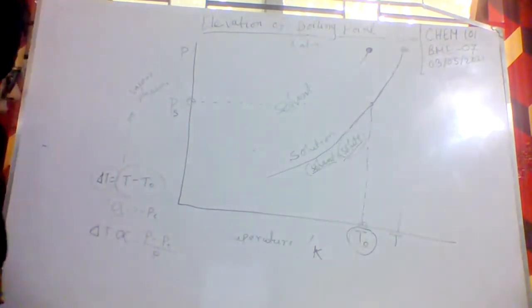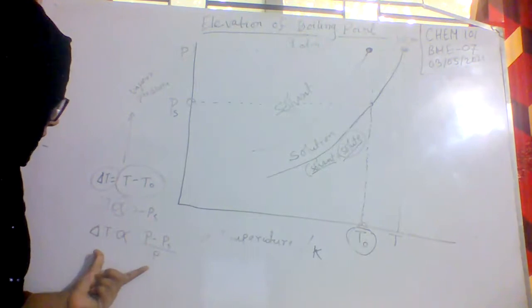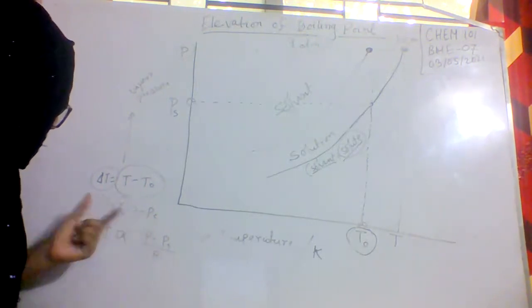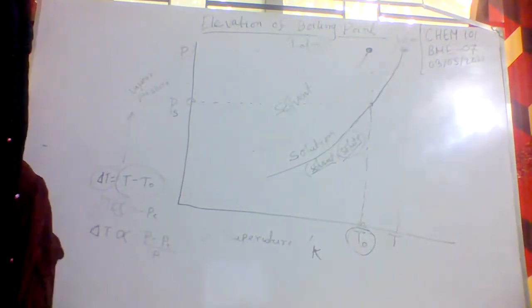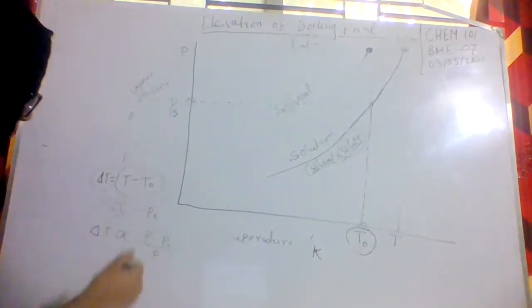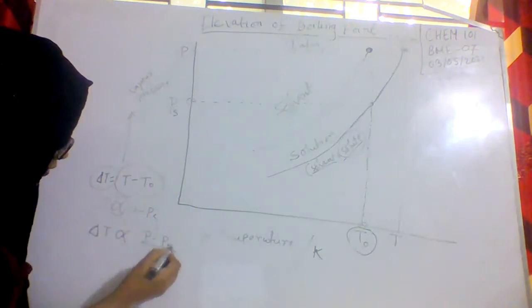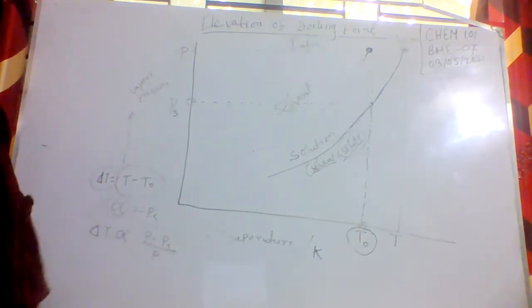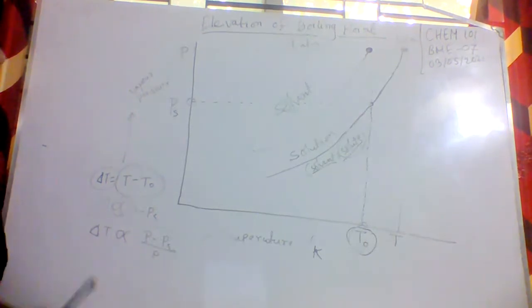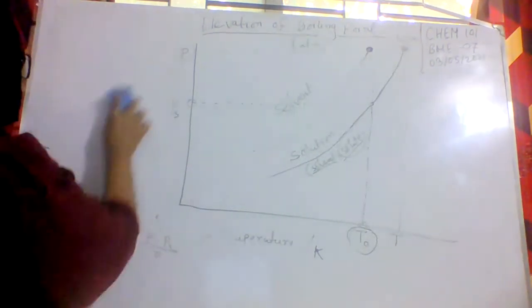Okay, so now since P is constant, we can write this one from this one. Okay, now I'm going to clean here.